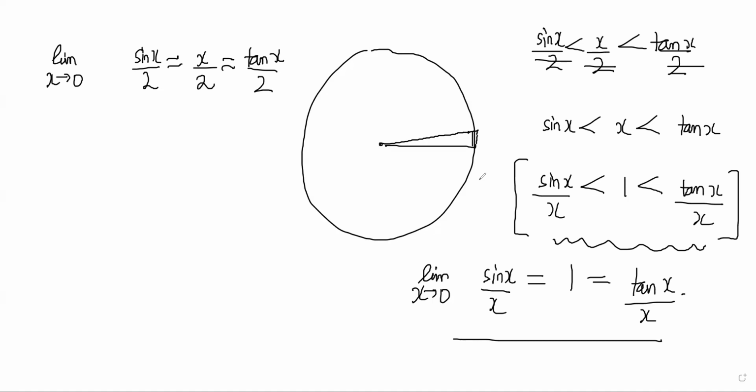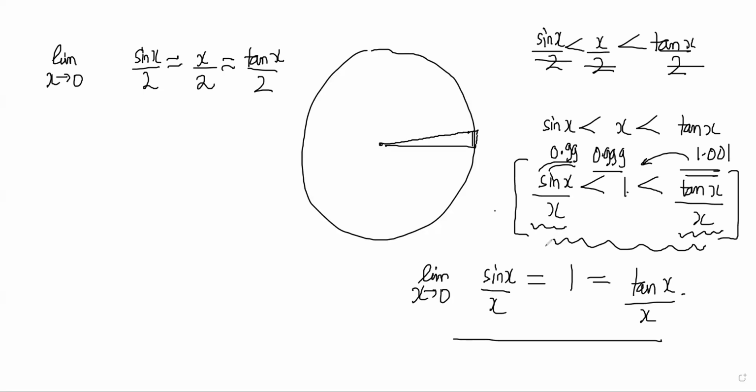Yes, sir. The only difference between this ratio and this ratio, both of them will approach each other, but the difference is that this one approaches 1 from less than 1. So it will approach from 0.99, 0.999 and so on, right? Yes, sir. And this ratio tan x by x will also approach 1, but from bigger values than 1, right?